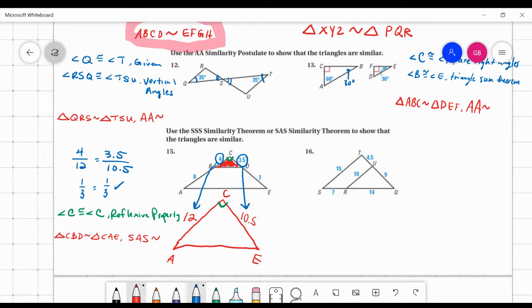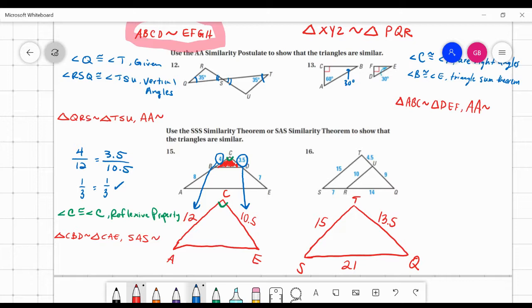Last one, 15. I mean 16. Again, I'm gonna draw the big triangle. I'm gonna draw it over. So this is 15. The bottom is 21. 7 plus 14 is 21. And over here, 4.5 plus 9 is 13.5.